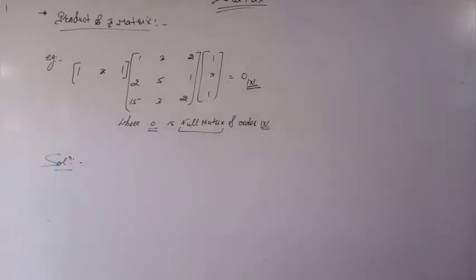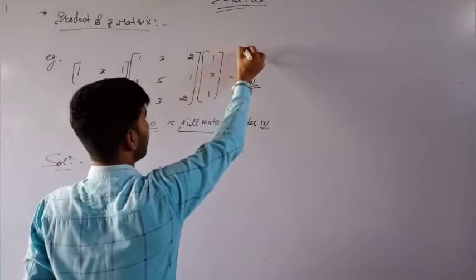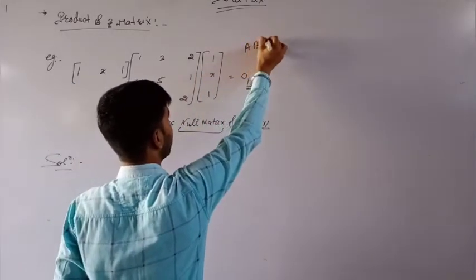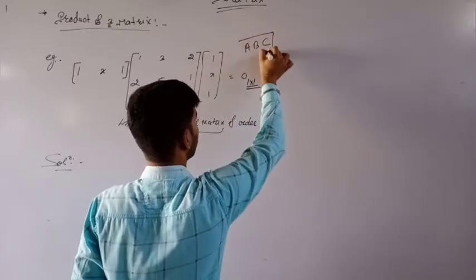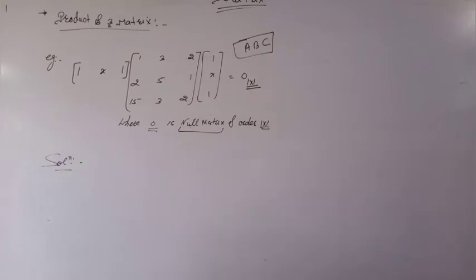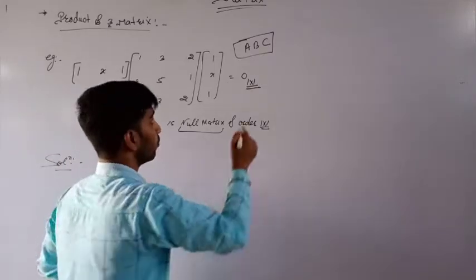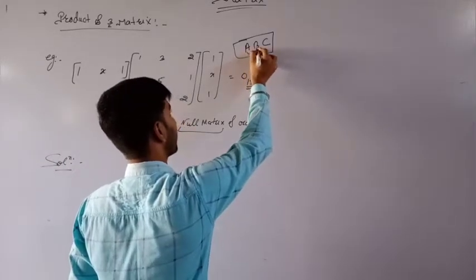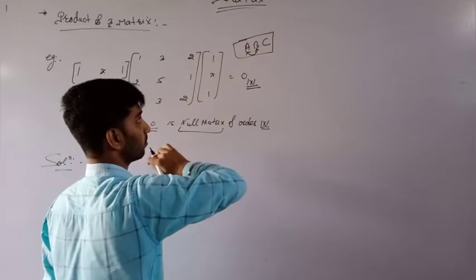We have discussed a logic: if we want to find ABC, the product of three matrices A multiply B multiply C, we can do it in two ways.